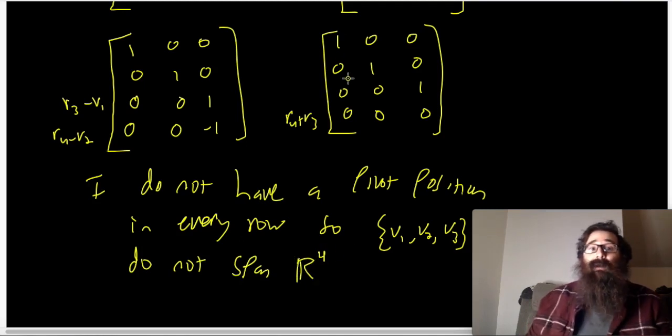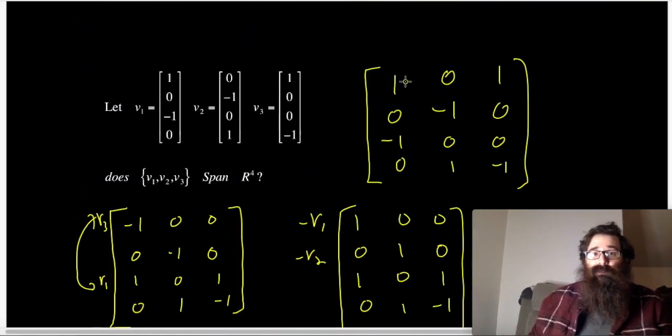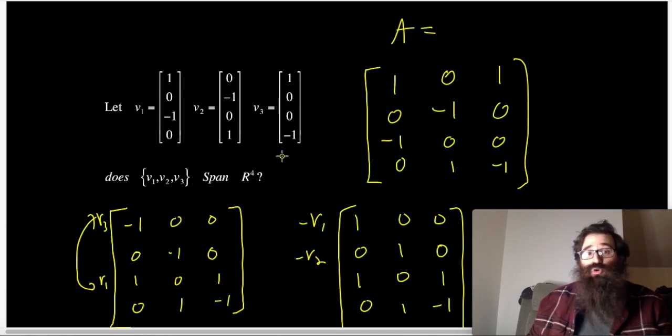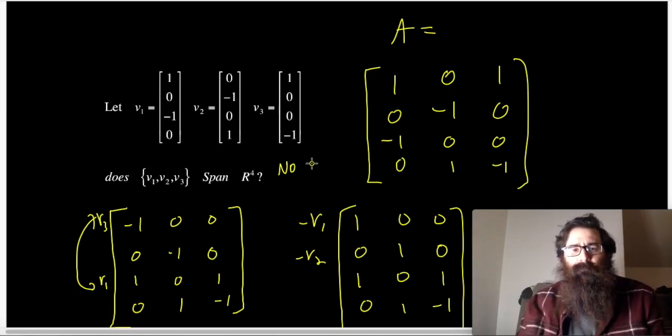Right, because the columns of the original matrix, this was my matrix A, the columns of matrix A don't span R4, and those columns happen to be the vectors v1, v2, v3, so the set of vectors v1, v2, v3 don't span R4, so the answer is no.